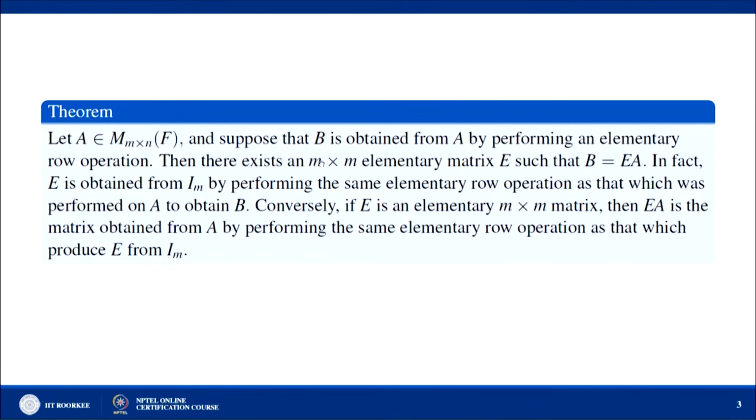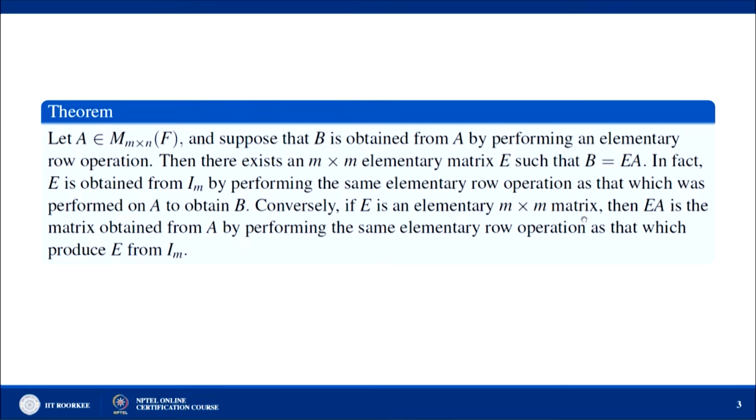Then there exists an m cross m elementary matrix E such that B is equal to E A. In fact, E is obtained from I m by performing the same elementary row operation as was performed on A to obtain B. Conversely, if E is an elementary m cross m matrix, then E A is the matrix obtained from A by performing the same elementary row operation as that which produced E from I m. So, the converse of the statement is also true.